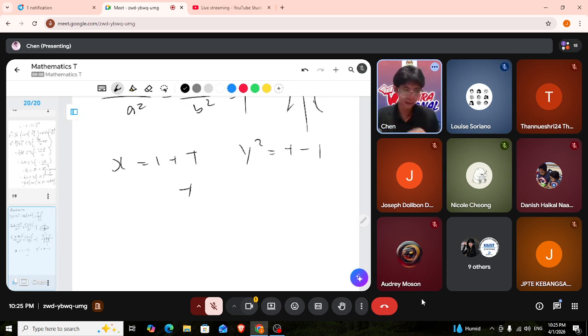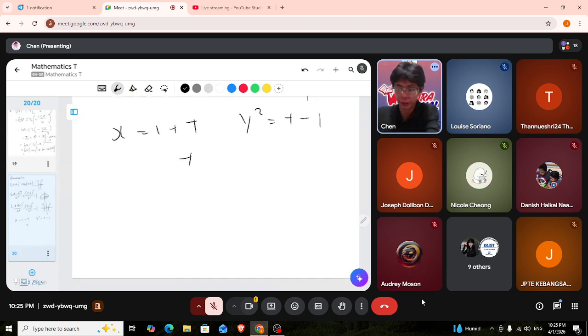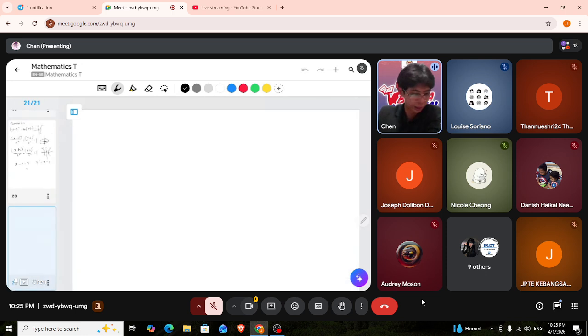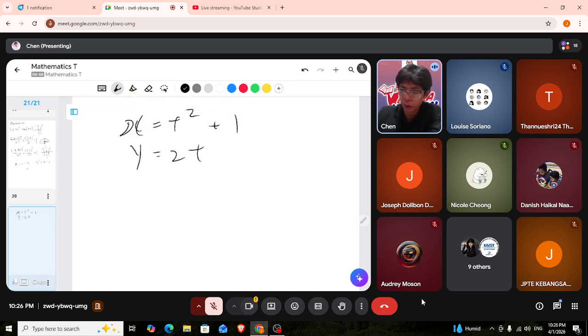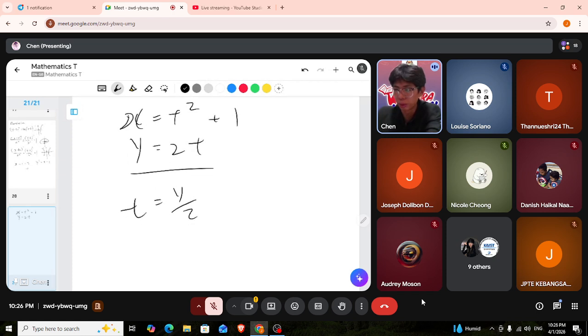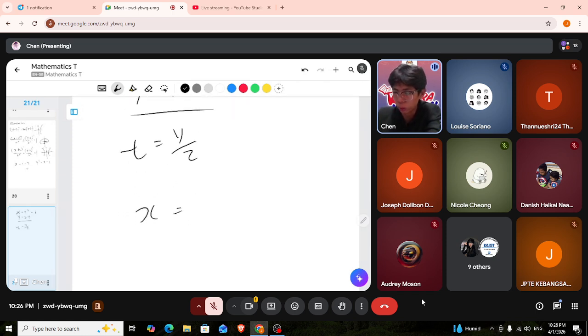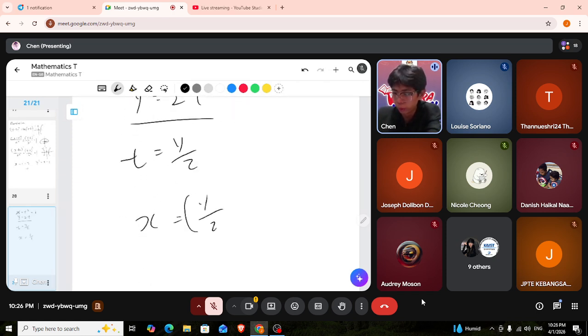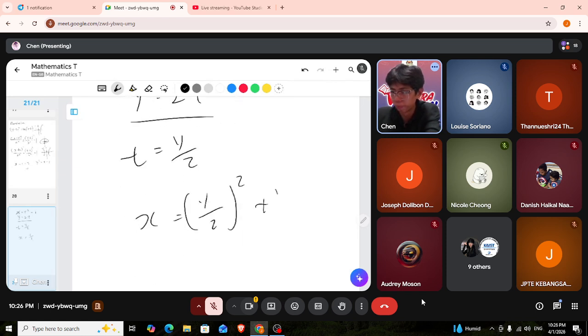Okay, right here. The question I have here is x equals t squared plus 1, but I have to make this into a conic equation. So what I do here is I make sure the t is alone. I first take y here, so t equals y over 2. Then I can substitute it in. So x equals (y over 2) squared, then plus 1.